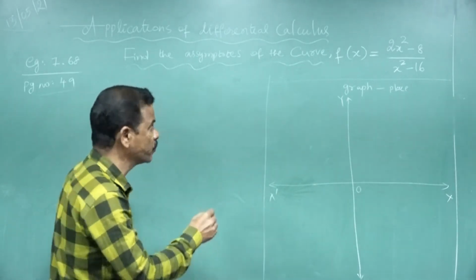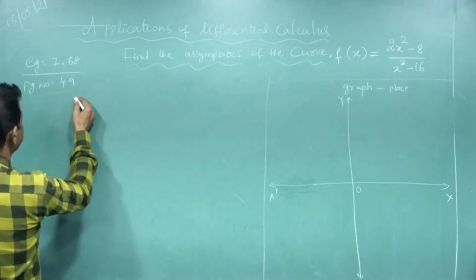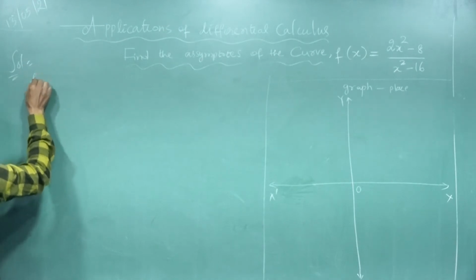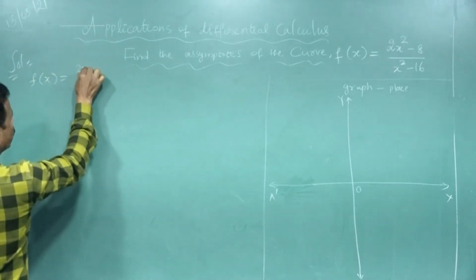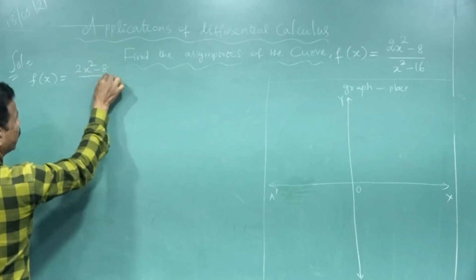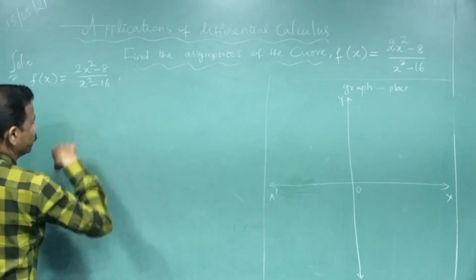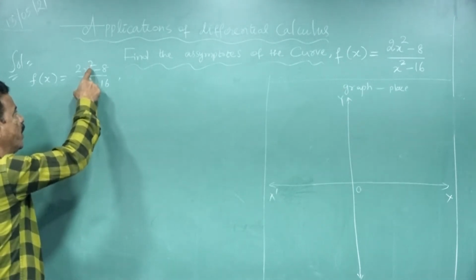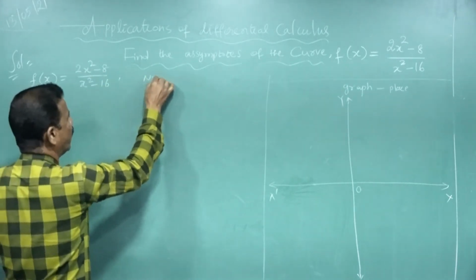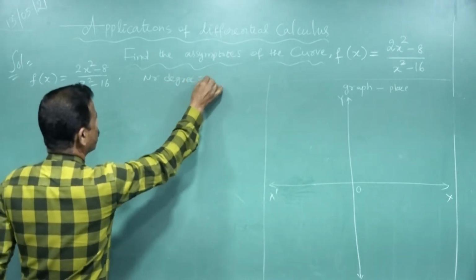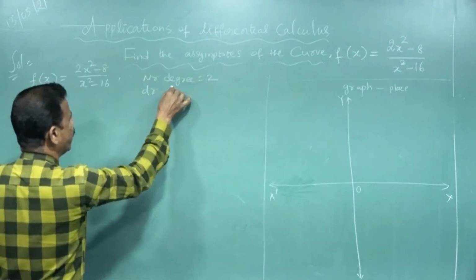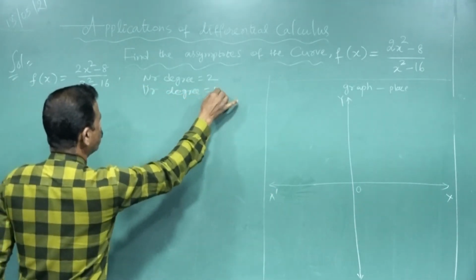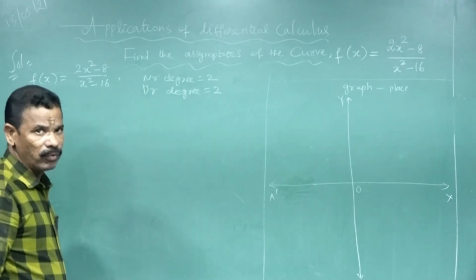So here the function is f(x) = (2x² − 8)/(x² − 16). Here you observe the numerator degree is 2, and the denominator degree is also 2, both are equal. So 2 by 2 is 1.